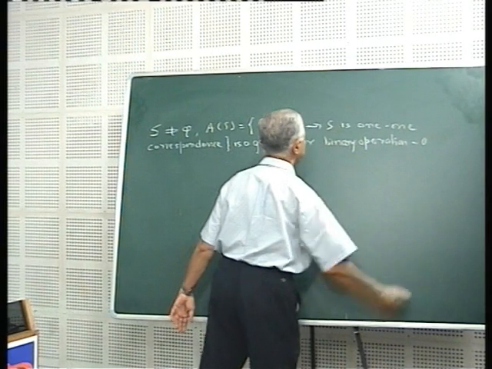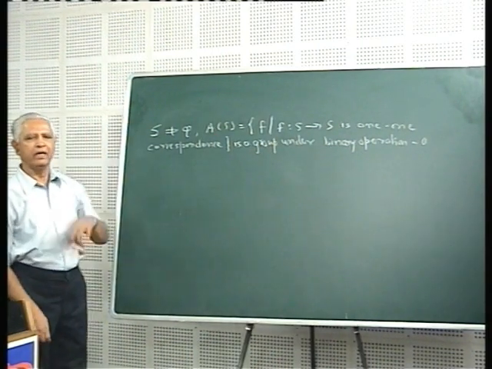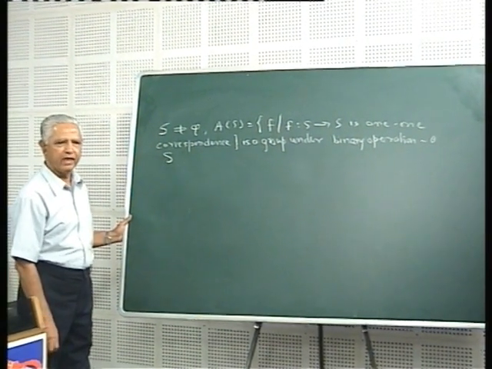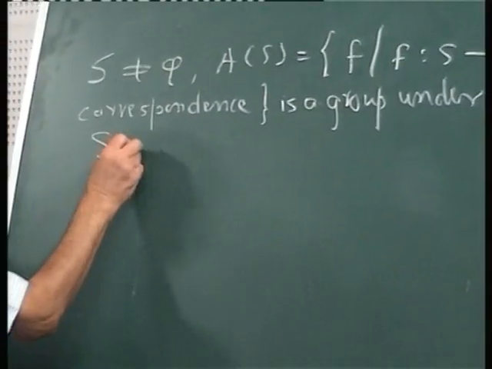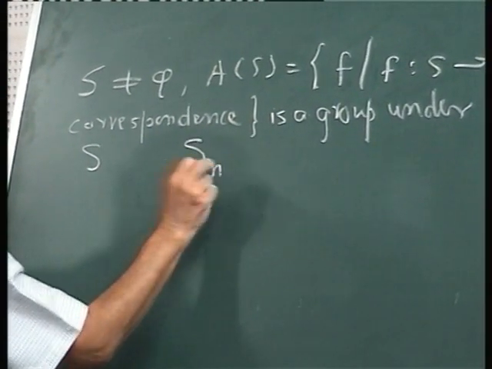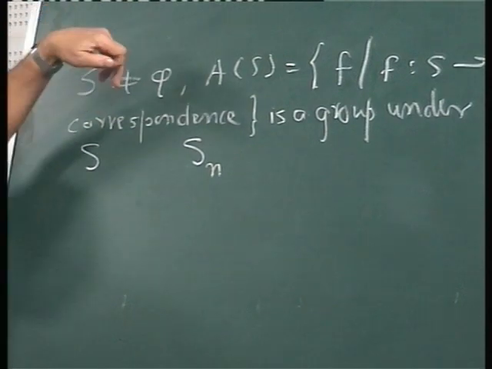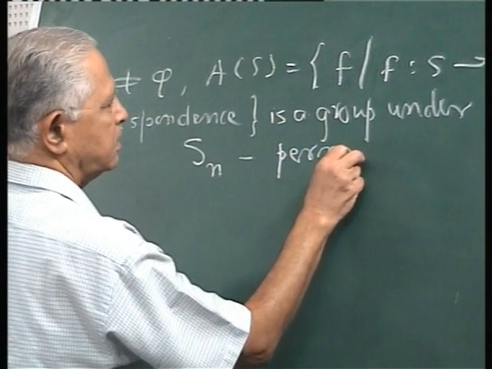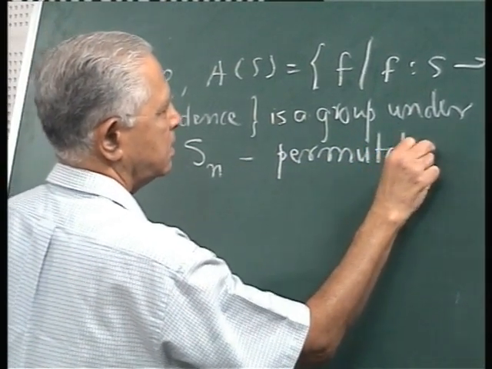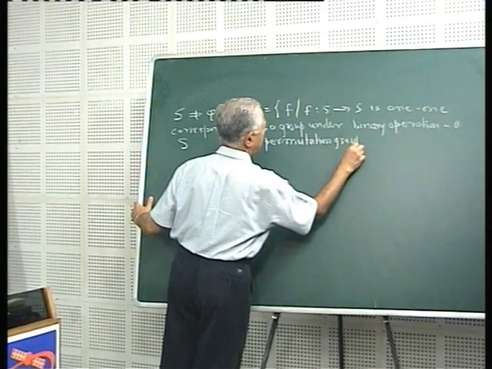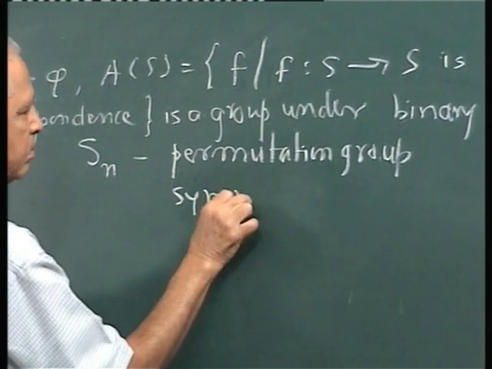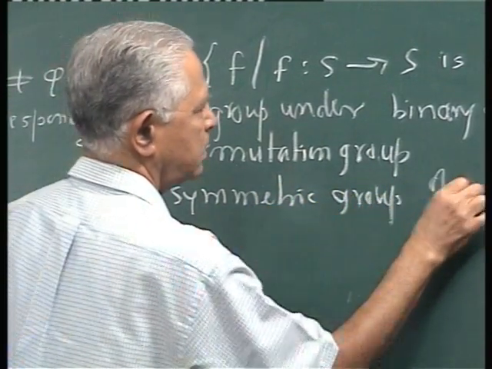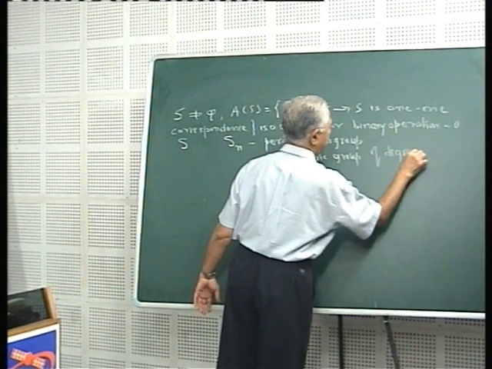The study of the group A_S becomes more interesting when S is a finite set. If S is a finite set with n elements, then we denote the group A_S by S_n, and we call it a permutation group or symmetric group of degree n.